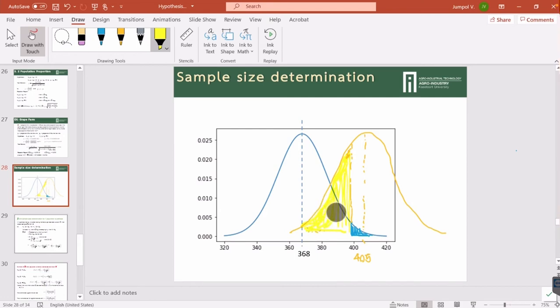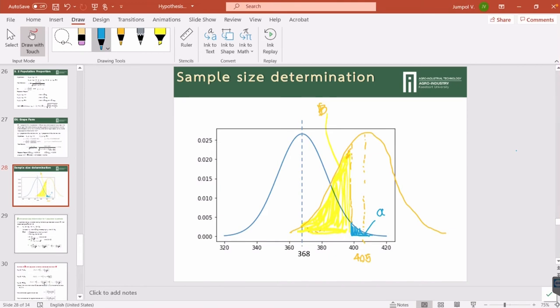We call it beta. So this is alpha. The sample size depends on the size of alpha and beta that we want to have.